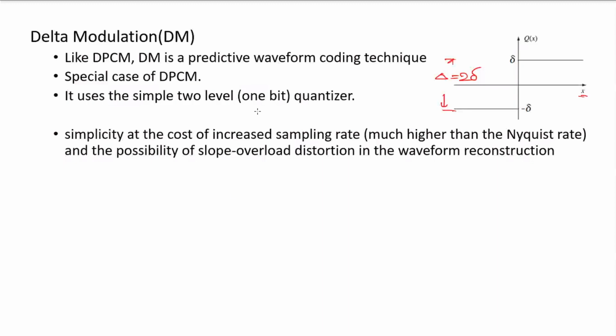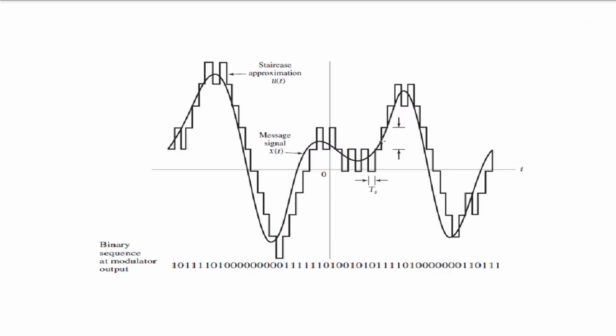So you can see the step size delta equal to capital delta equal to 2 small delta. Now, how is this quantization going to be done? It is somewhat like differential pulse code modulation. The signal is sampled at a rate much greater than the Nyquist rate, and the signal sample and its approximation, that is, the prediction value, will be considered.